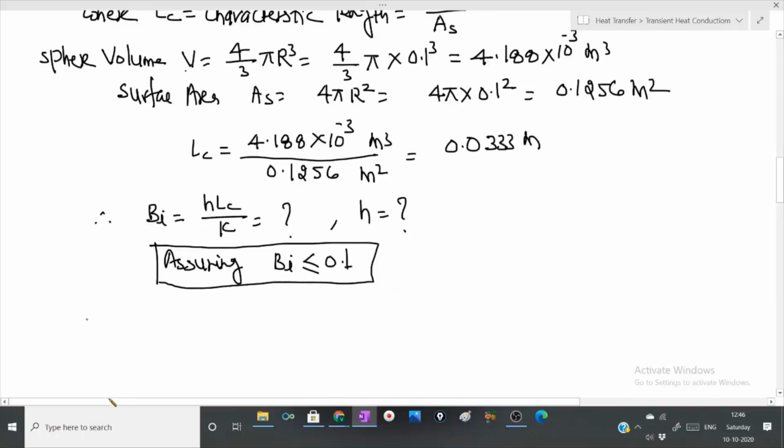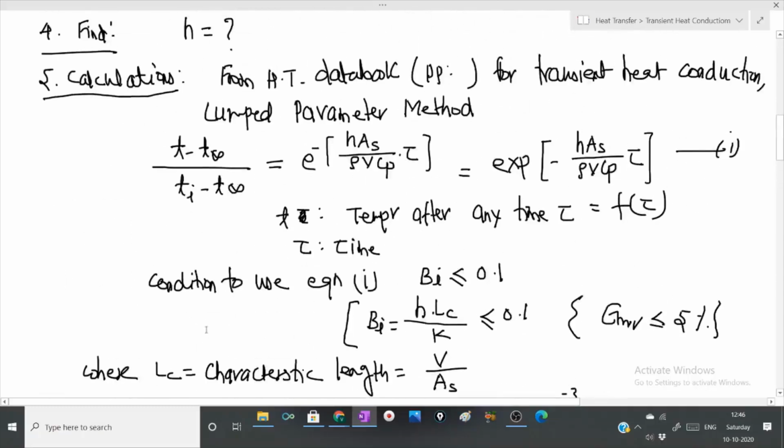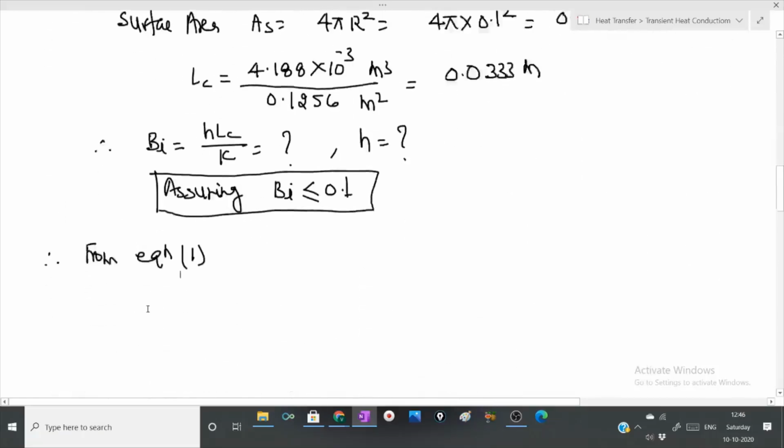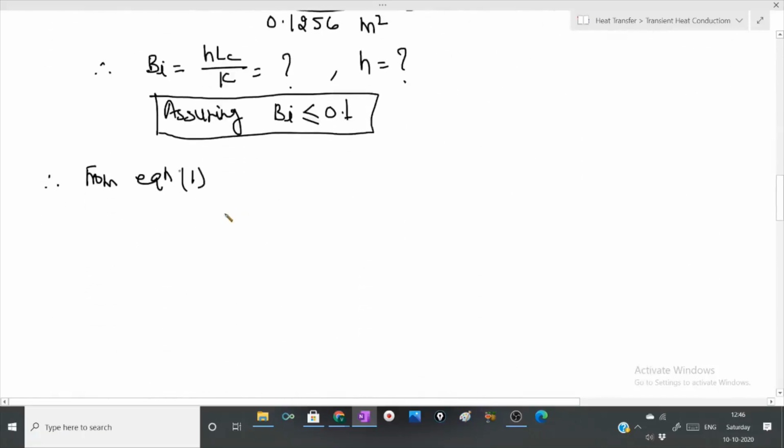now from equation 1, what is equation 1? (T minus T infinity) over (Ti minus T infinity) is equal to exponential of minus hAs over rho V Cp into tau. So let us put the formula. T final temperature is 100.